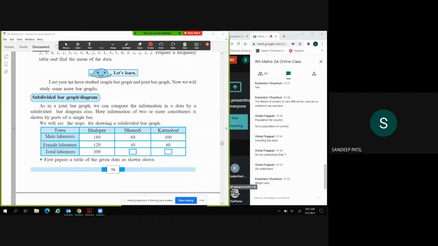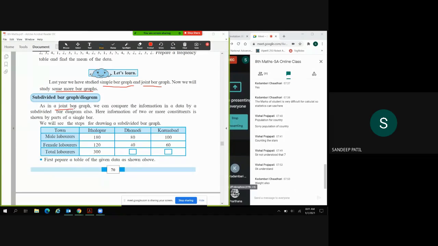So let's learn. Last year we studied the simple bar graph. I think in last year's syllabus, you might have studied the simple bar graph or joint bar graph. Now we will study some more bar graphs. तो हम इस बार more bar graphs देखेंगे. So यहाँ है subdivided bar graph diagram.